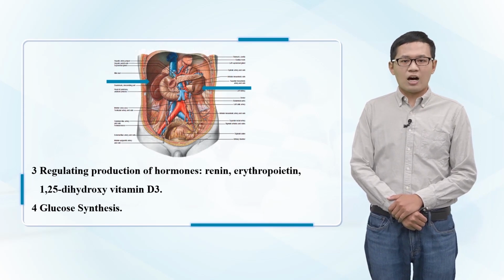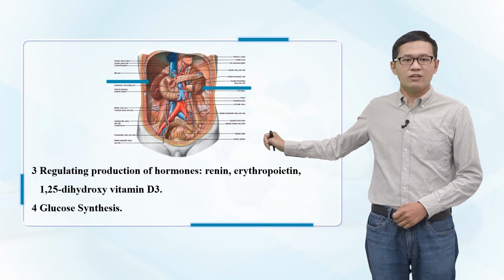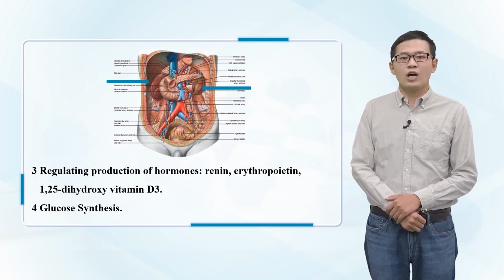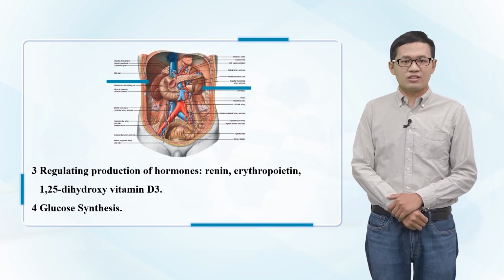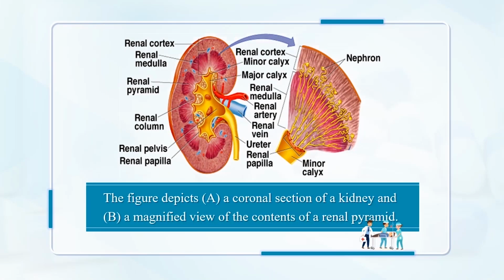The kidneys are a pair of dark red, bean-shaped organs that sit on each side of the spine. Let's take a cross-section of the kidney. So we slice a kidney, and this is what it looks like. Each kidney has three distinct layers. Beginning with the outermost is the cortex.